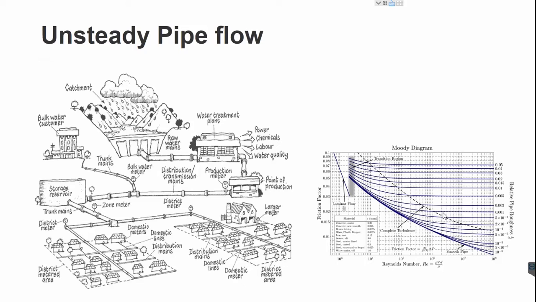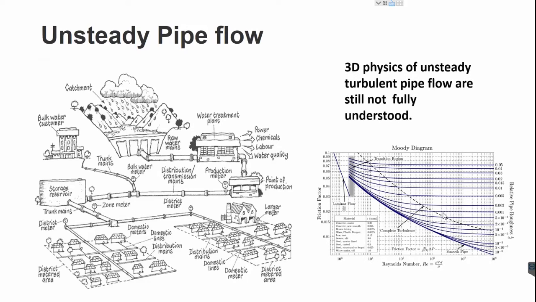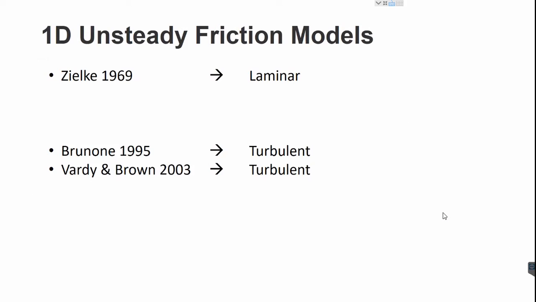So the actual flows are not really steady. However, the three-dimensional physics of unsteady flows are still not fully understood. And that's what we're trying to tackle. So before showing you our work, I'm going to explain some literature.